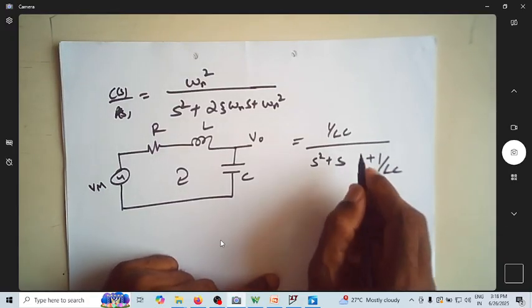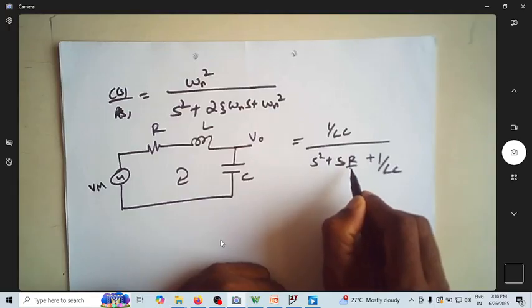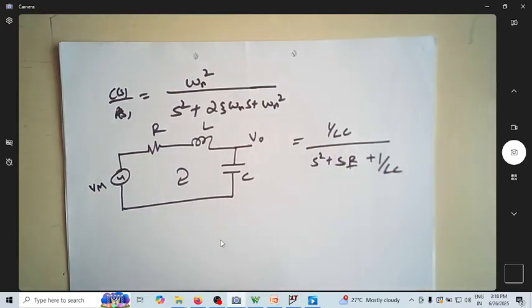Let me confirm, I don't want to remember the equations. Maybe you can try out what the transfer function of that is. I'm just looking into one of the materials where I have the transfer function of that RLC circuit.